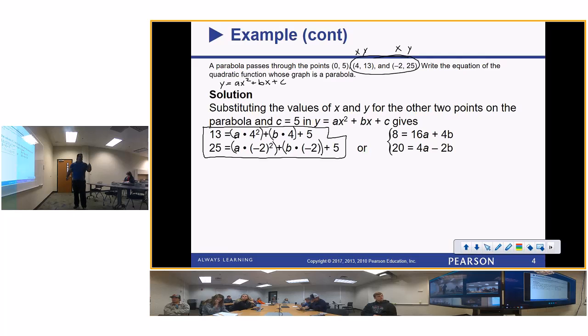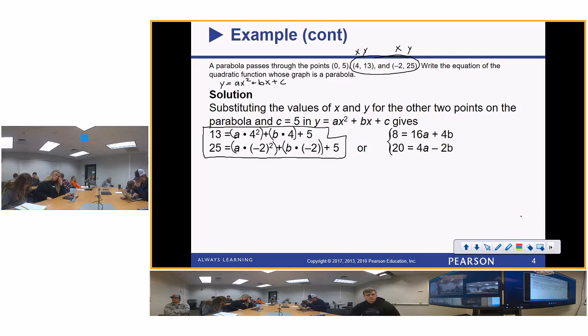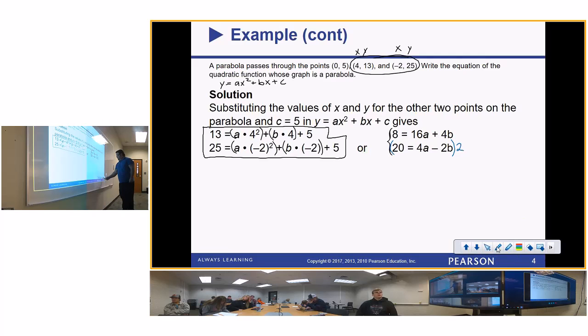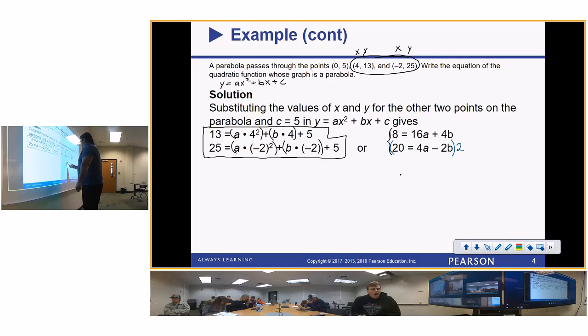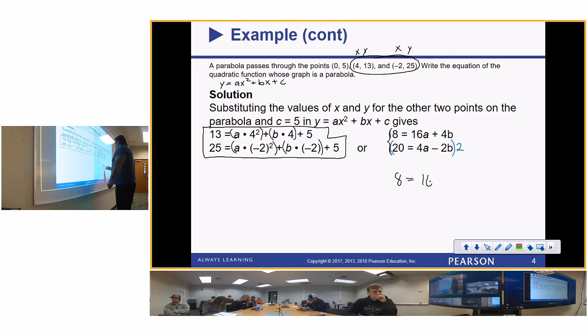Oh, I see opposite signs. So I'm going to multiply the bottom by 2. That's right, class. So 8 is equal to 16A plus 4B.